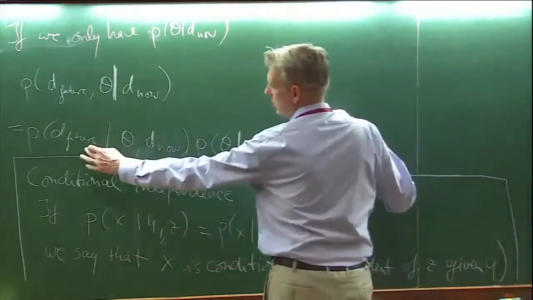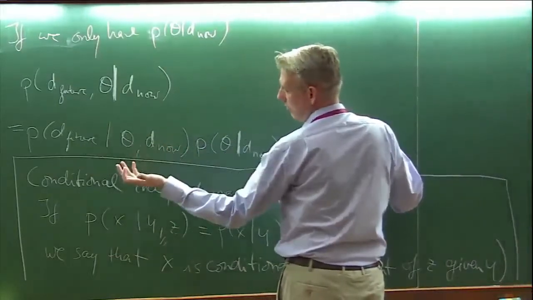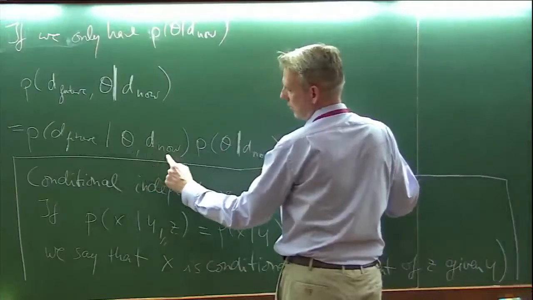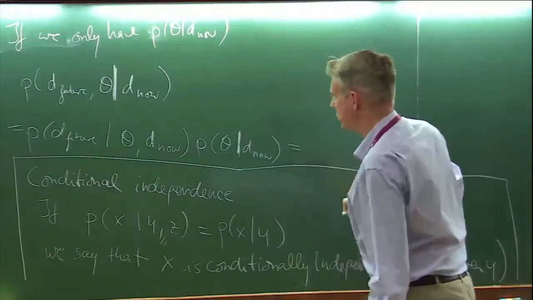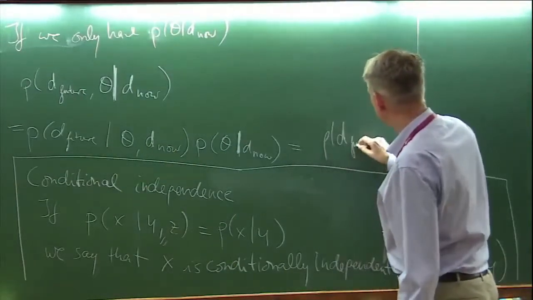So if the future data is conditionally independent of the current data given the parameters, which it most of the time is, then this just becomes P of d future.